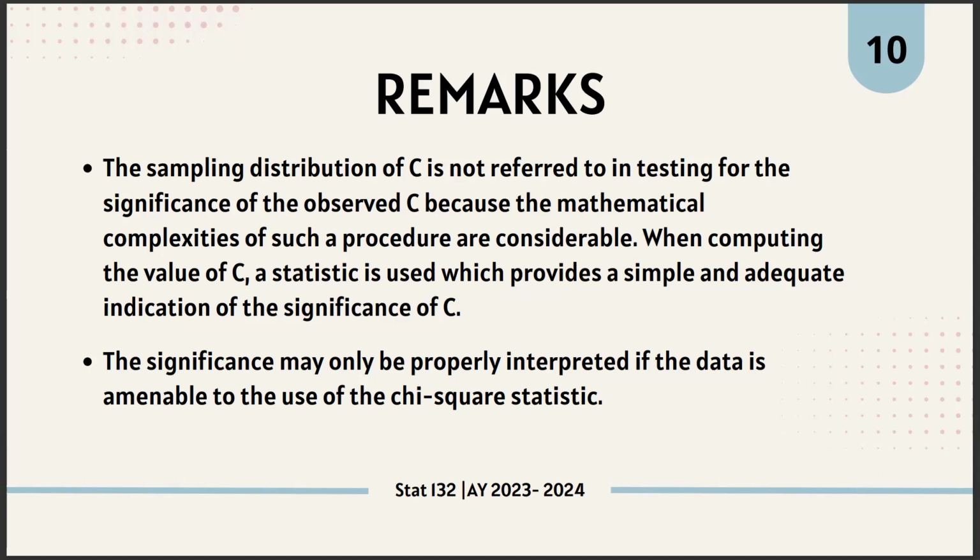That is because when we compute for C, we're already using a statistic that provides us a simple and adequate indication of the significance of C. That also means that the significance may only be properly interpreted if this data is amenable to the use of the chi-square statistic. So we need to go back to our assumptions for the chi-square.